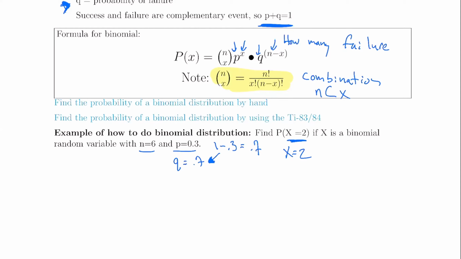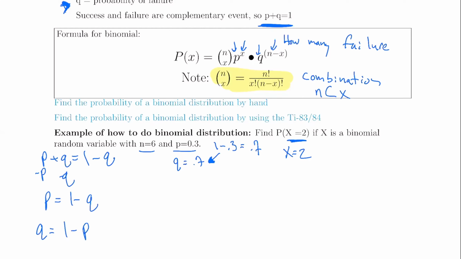But how are p and q related to each other? Well, p plus q is equal to 1. If you subtract q, p is equal to 1 minus q. Or if you subtract p, you get q is equal to 1 minus p.